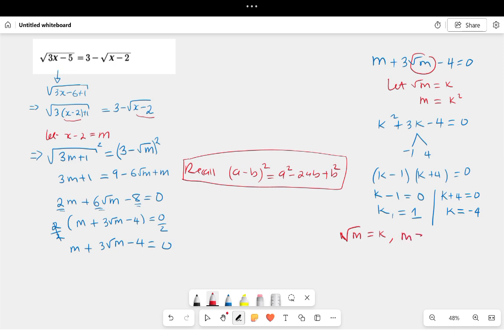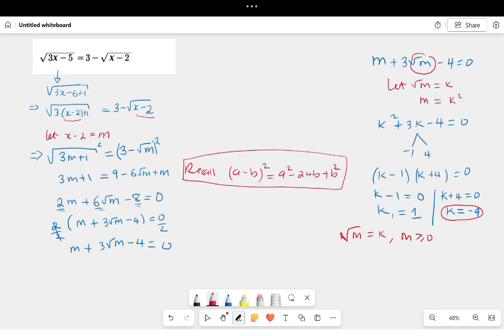The domain for m is supposed to be greater than or equal to 0, and the range for this is also going to be greater than or equal to 0. And therefore, it's not possible to have a negative solution for this case, and we are going to work with k equals 1.